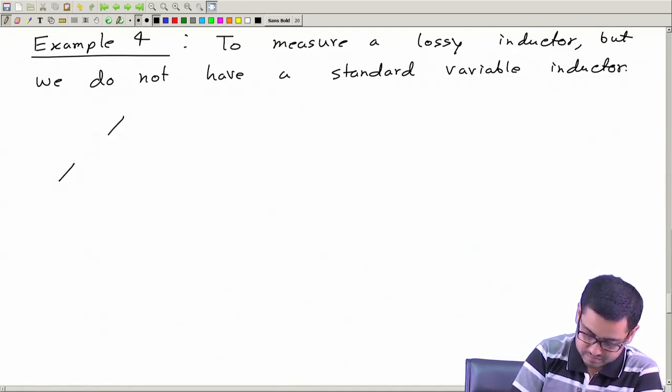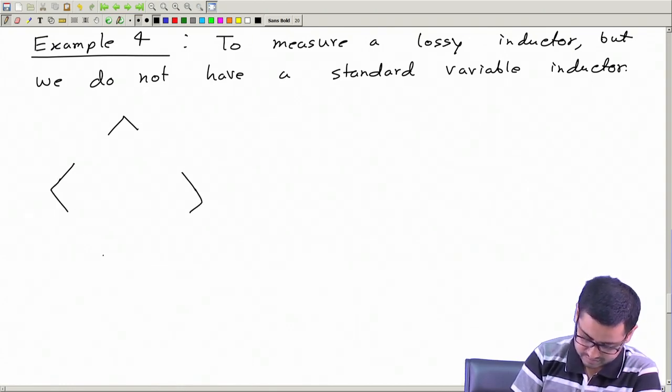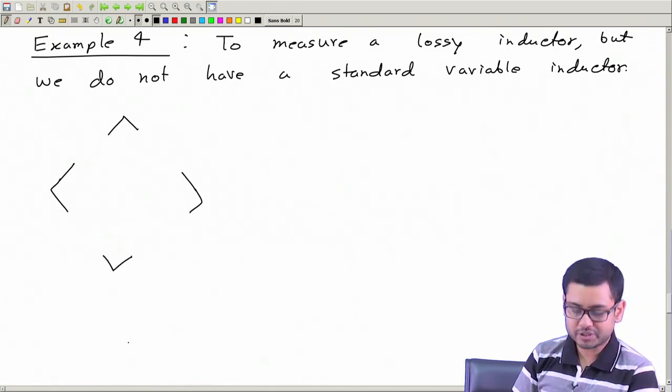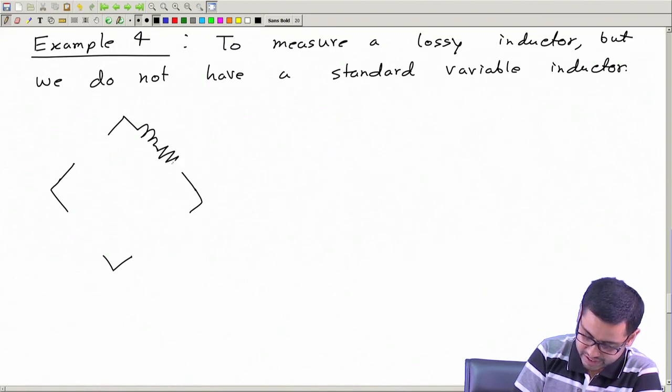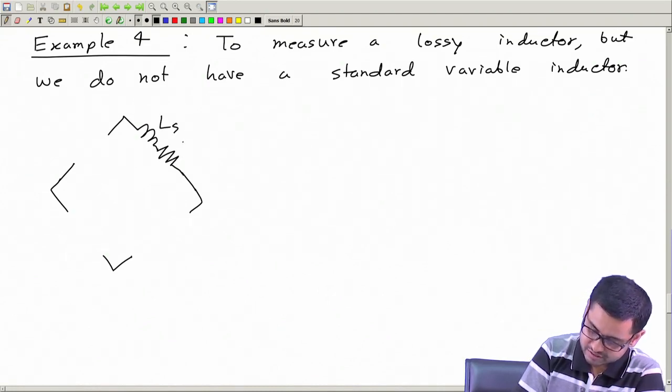So this is the bridge with 4 arms, and let me put once again the unknown one first, anywhere you like. So this is unknown.